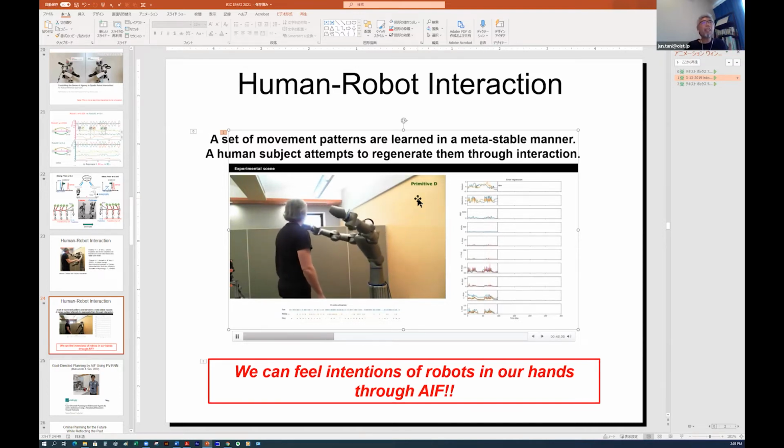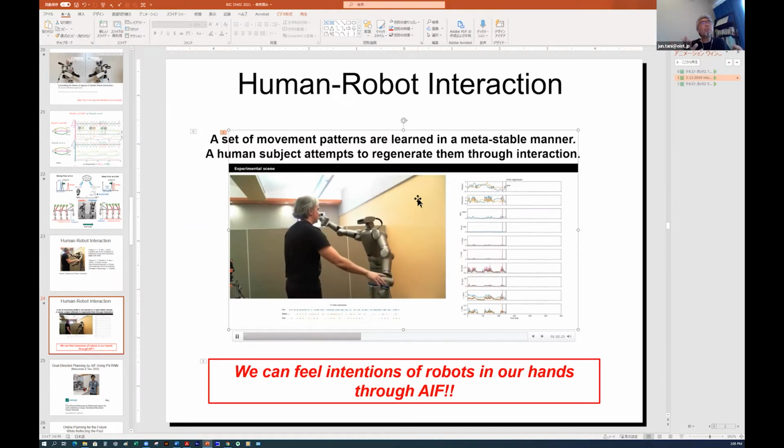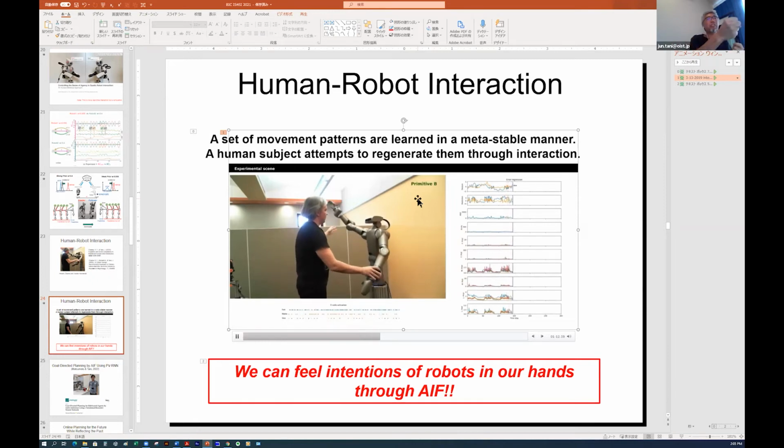So the point is that the experimenter can feel the intention of the robot in his hand through the active inference, because sometimes the robot's precision is high, so the intention is strong. Then you cannot move as you want. The robot will strongly push you, right?